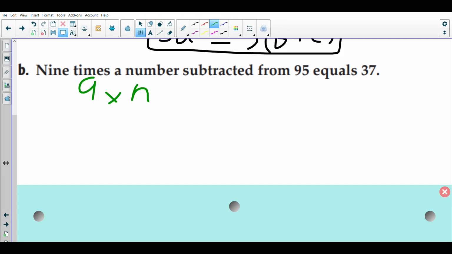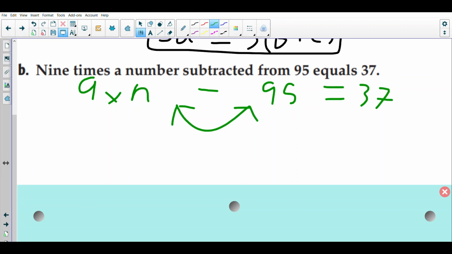So that means I switch, it's subtraction, but it's flipping the two numbers of 95. Equals, well, that just obviously means equal, 37. So we actually have 95 minus 9 times n, or 9n, is equal to 37.